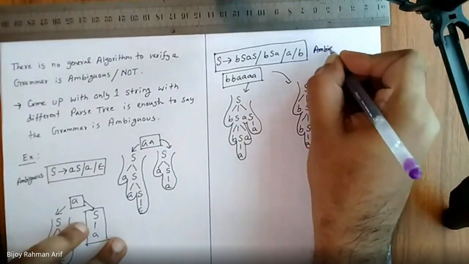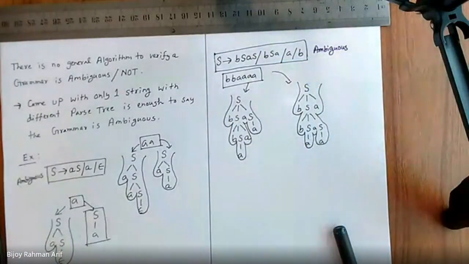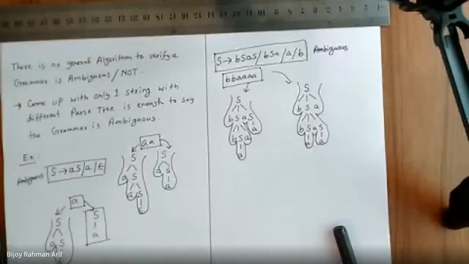So remember, whenever this kind of problem comes, whether this grammar is ambiguous or not, you don't have any general procedure or algorithm to say that. You have to apply the hit and run method. You plug in some string, then check if that succeeds, fine.